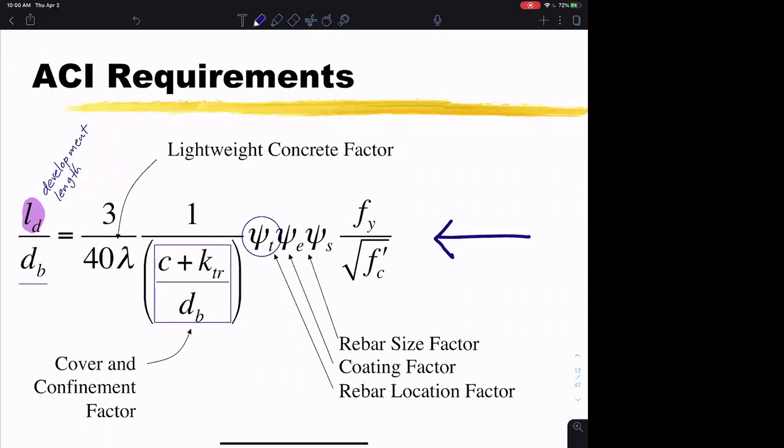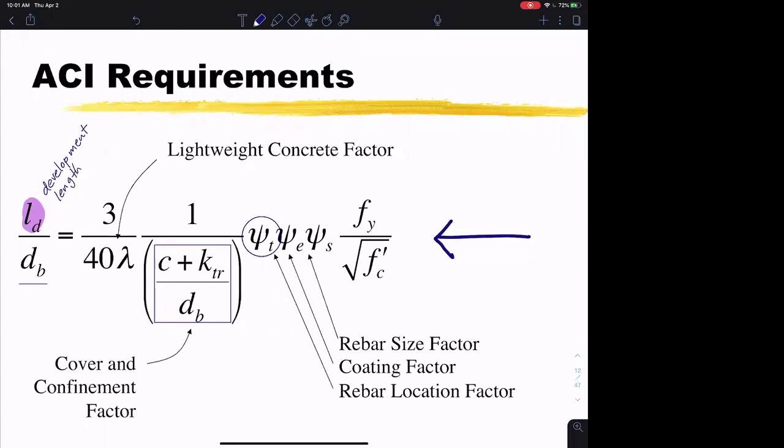Water and air migrate toward the top, and the aggregate, not so much the sand, migrates towards the bottom of the cylinder before the concrete sets. What happens is that the concrete on the top is weaker than the concrete at the bottom. Now, you need to have at least 12 inches of depth of concrete for this to happen, but it does happen.